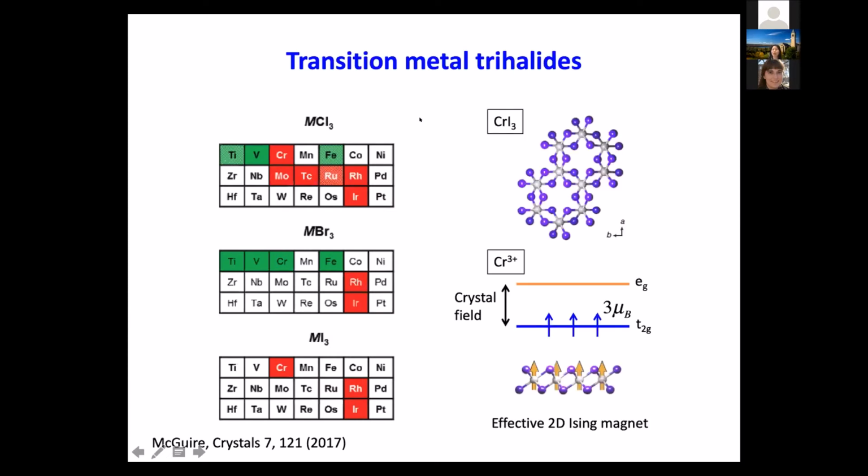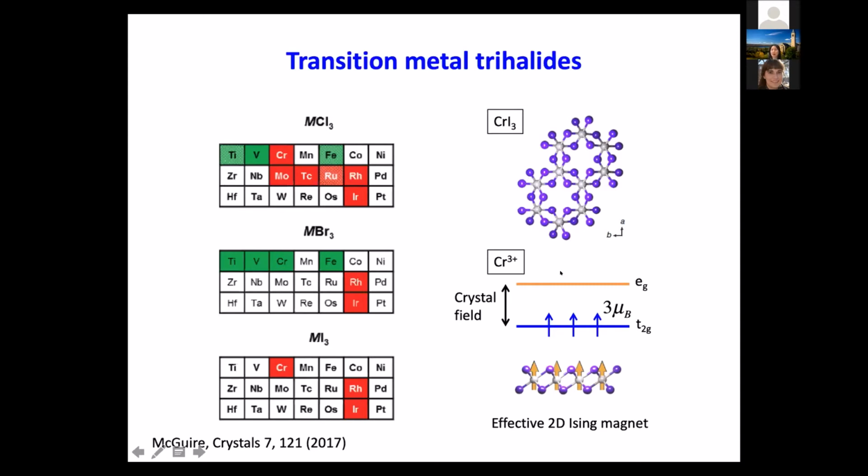To make the story simple, the way you can think about this material is that it's made of thin sheets, and in each sheet you have chromium ions surrounded by iodine. The magnetic ions make this honeycomb structure, and the structure is octahedral, surrounded by those iodine ions, as I said.